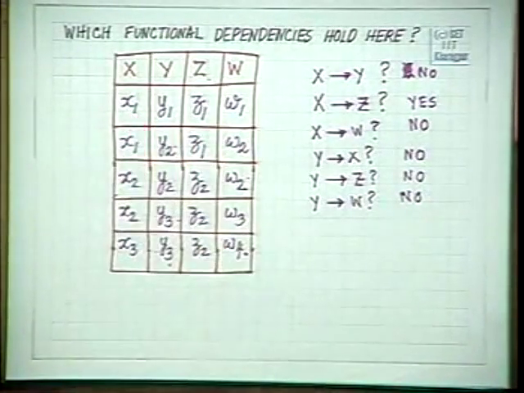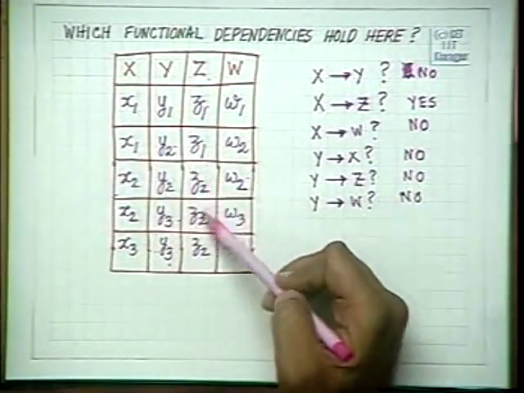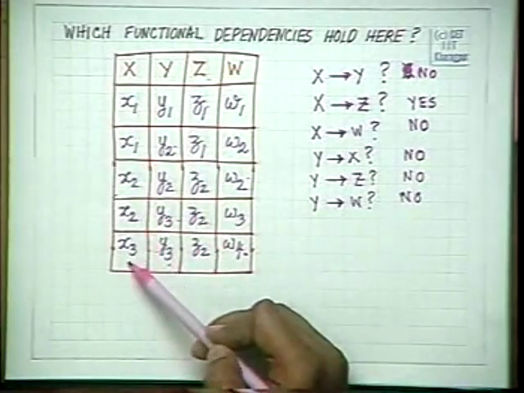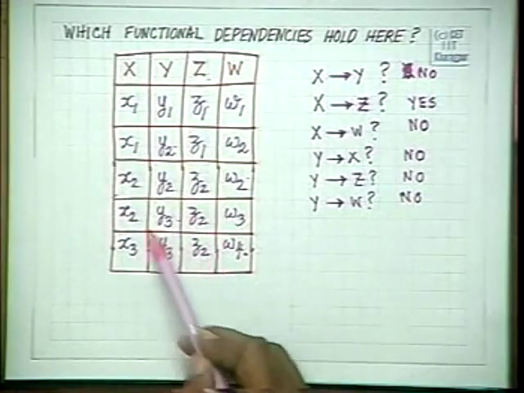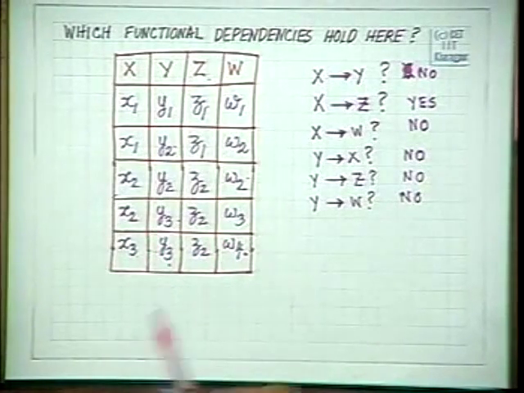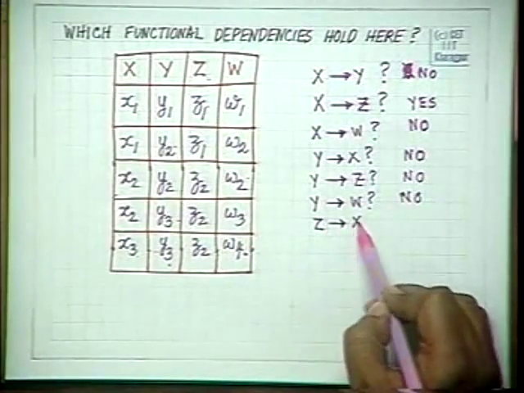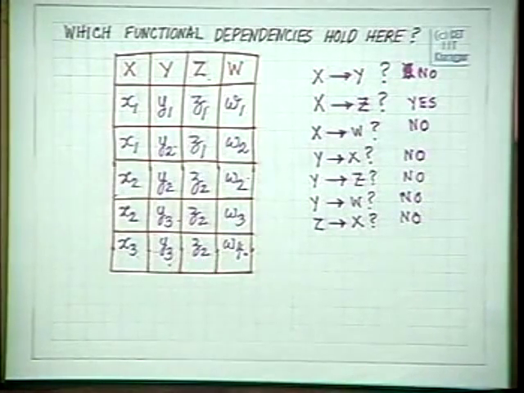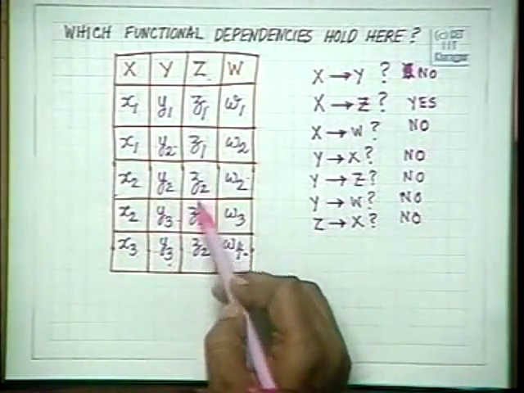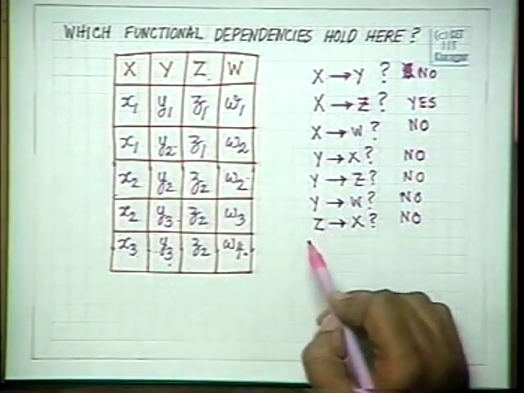Z to x: it holds here, it holds here, but it does not hold here. Look at this, z to x with x3. So z to x also does not hold. Z to y does not hold. You look at this.